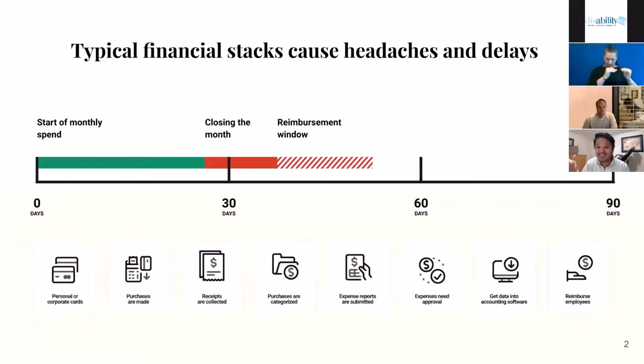Not very fun, and it can be tedious. So with the software, you're going to be able to swipe your card, see everything real time, as well as be able to track this digitally instead of having to do that manual process.